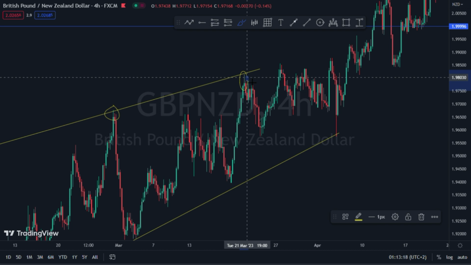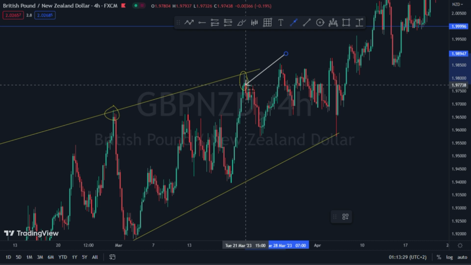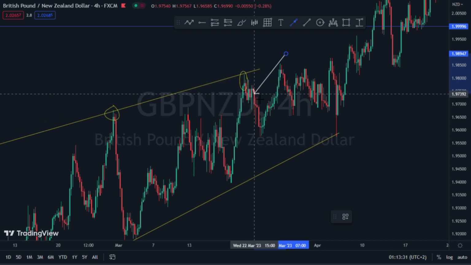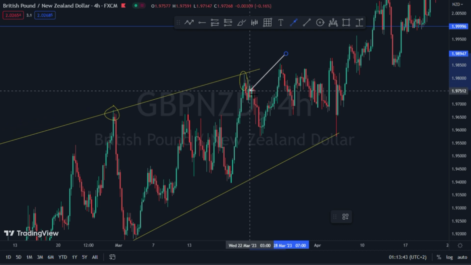Immediately after the closing of this candlestick, I waited for the second candlestick that came out, which is this bearish candlestick right here. When this second candlestick closed, I entered the market immediately, and my stop loss was just above this candlestick.